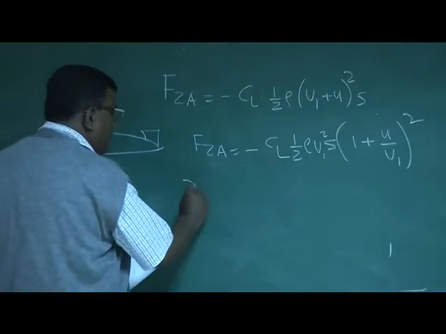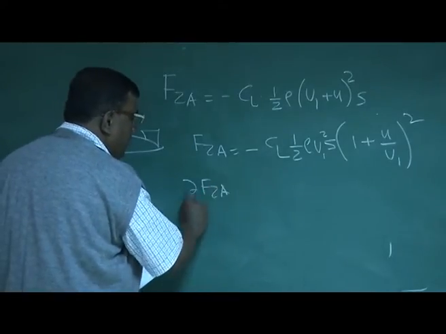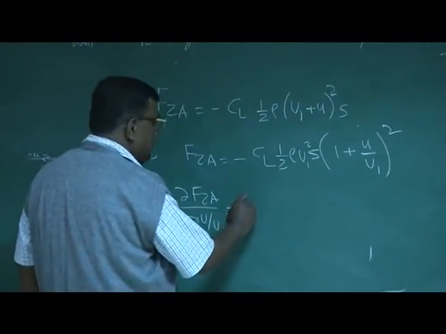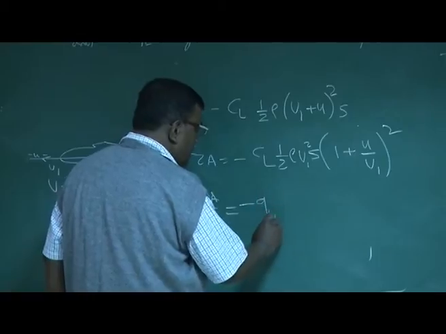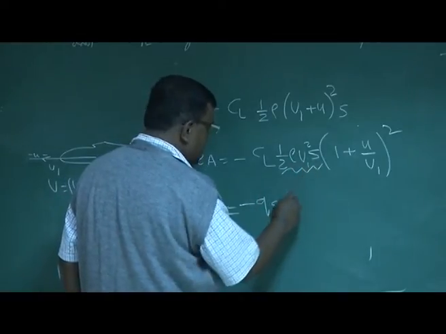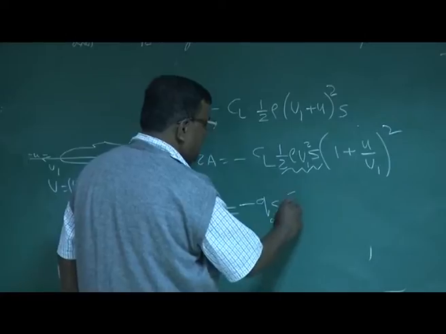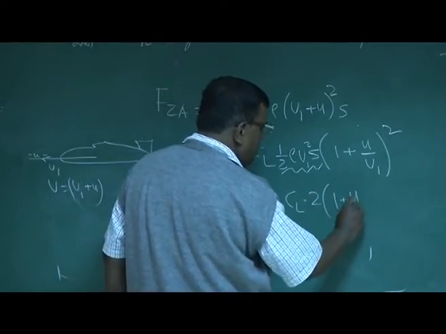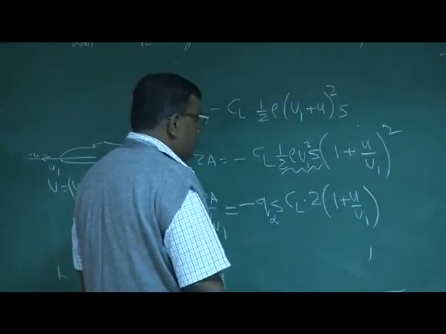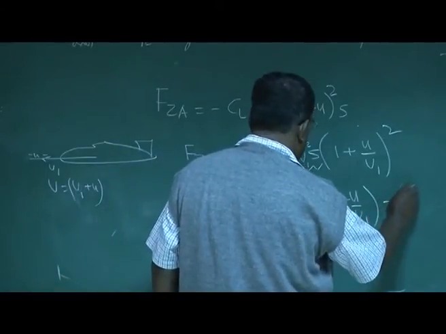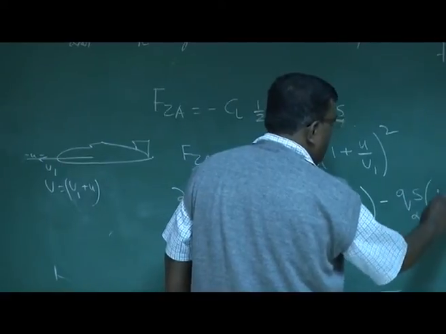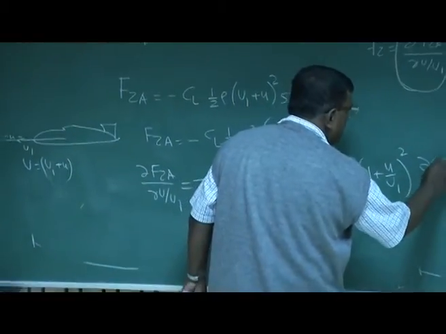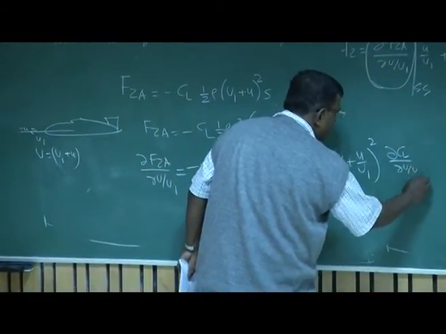So now I am to find dFza by d(u by U1). First, minus Q infinity S, this is half rho V square, S, and then Cl, and then the derivative of this, which will be 2 into (1 plus u by U1). Then second is minus Q infinity S, (1 plus u by U1) square into dCl by d(u by U1).